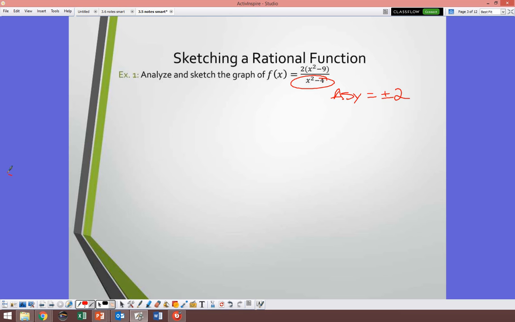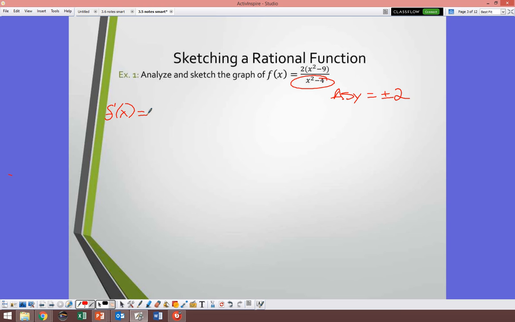If the degree of the top is bigger, you would have a diagonal asymptote. So let's go ahead and find the first derivative.